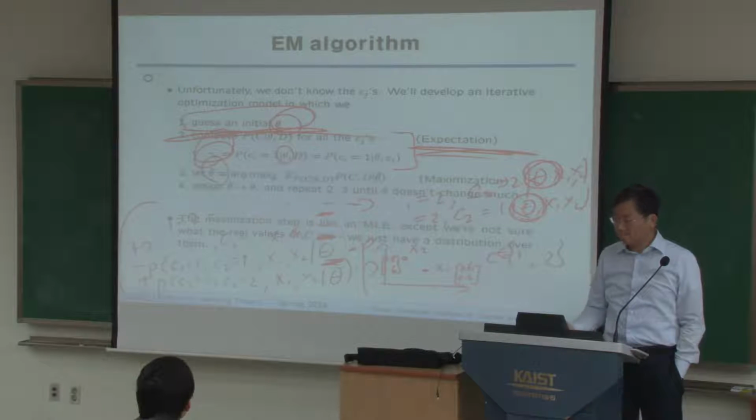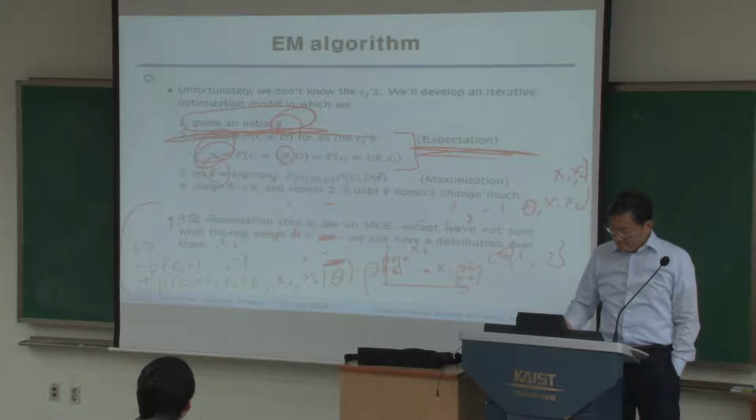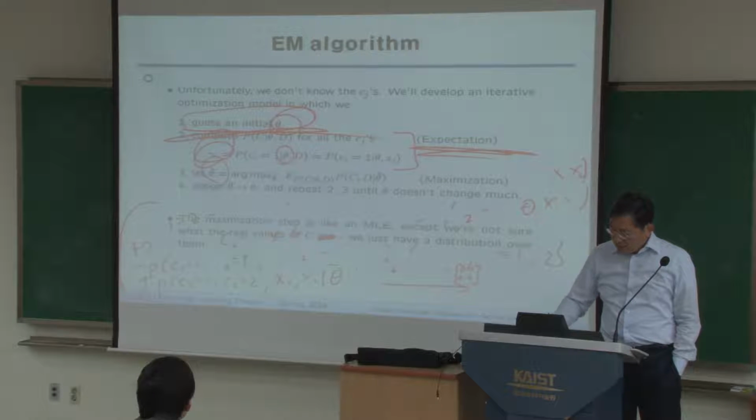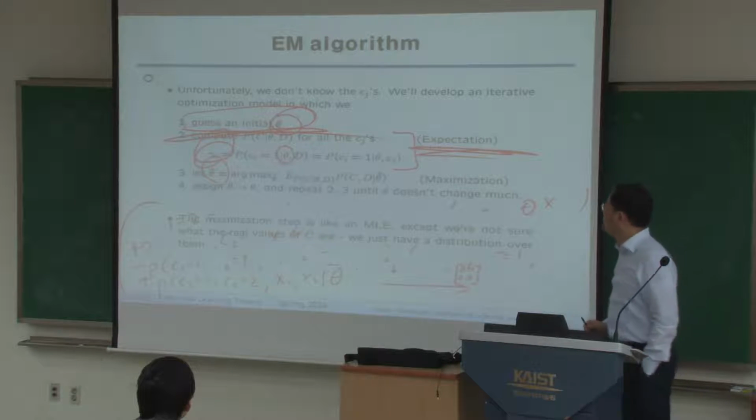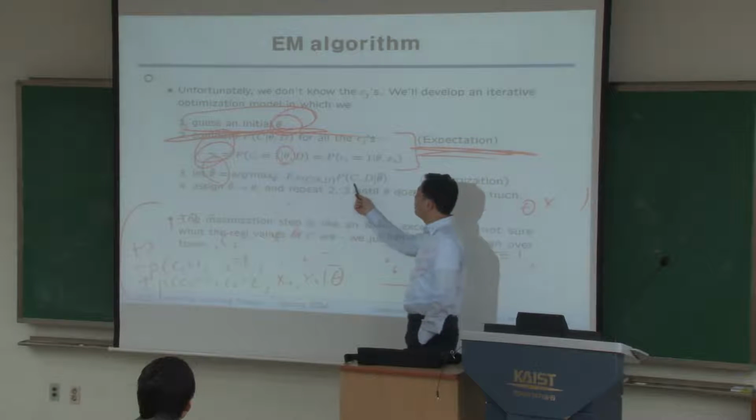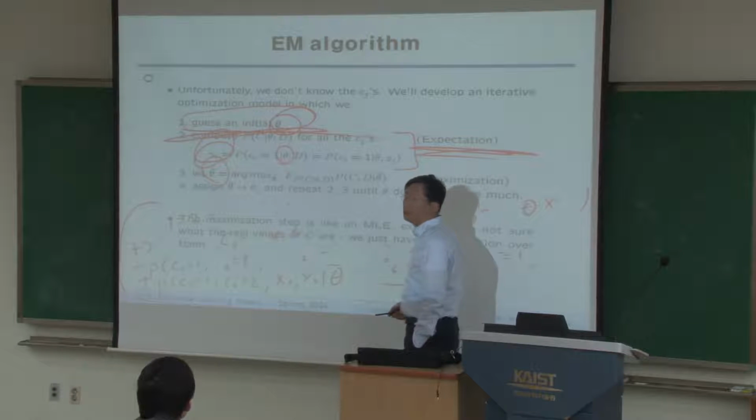근데 P의 C랑 D의 옵티마이제이션 바를 옆에 여기? 네, 그 D가 랜덤 베리어블인가요, 그냥 값인가요? 내가 알고 있는 값인가요? D는 training data.